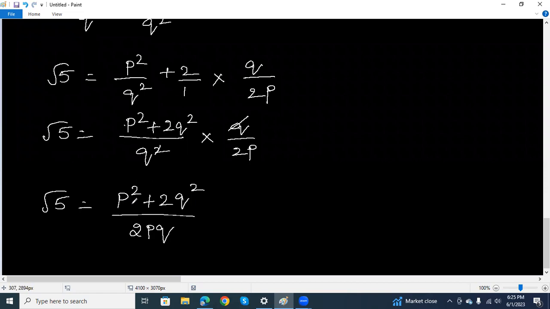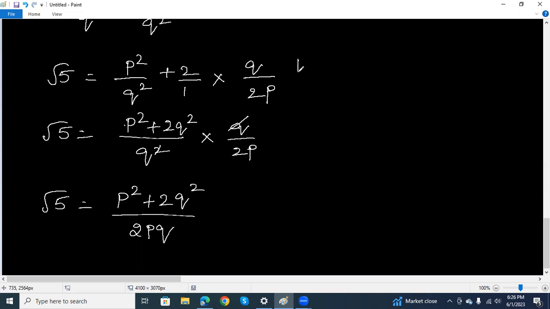P is an integer, Q is an integer, addition of two integers is an integer, multiplication of two integers is an integer. So integer divided by integer is a rational number. So on the right hand side we got a rational number and on the left hand side we have an irrational number, root 5, and both can't be equal. So our assumption is wrong. Okay. This is a contradiction to our assumption.